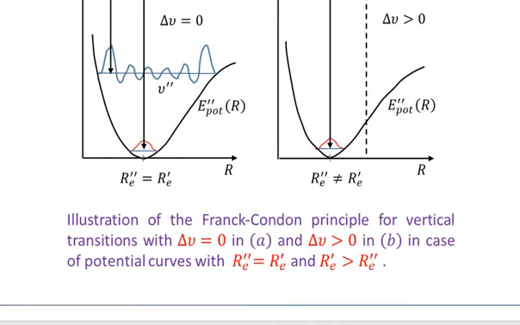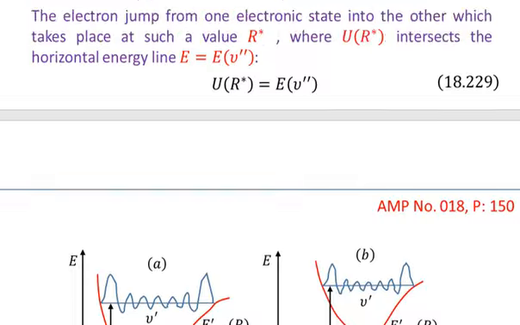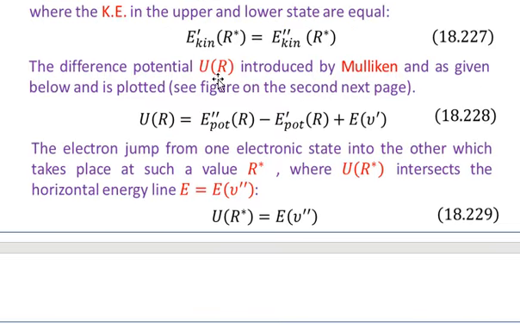And this is the definition given by the Mulliken difference potential. So the difference potential U of R introduced by Mulliken, as has been explained in the diagram, is given mathematically by U of R is equal to the potential corresponding to the lower electronic state minus the potential corresponding to the upper electronic state plus the energy of the vibrational level from the upper electronic state from which the transition is going to occur.